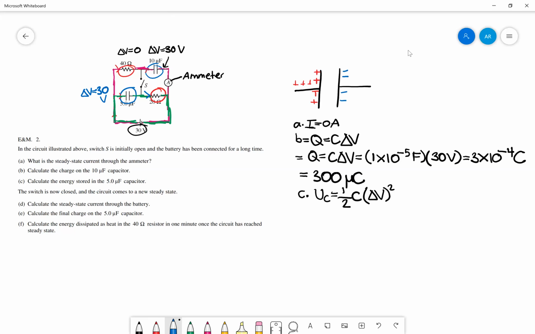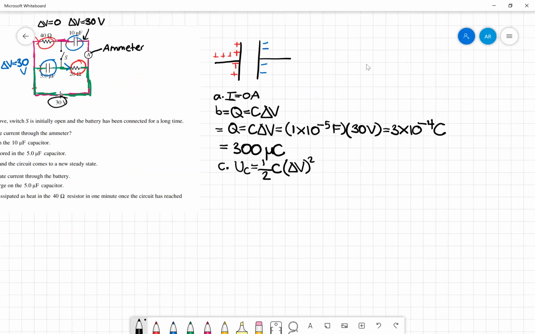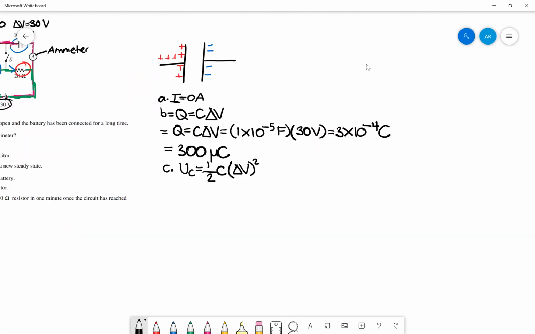Now, what does this mean? That means we have found our voltage and we have found our capacitance, meaning that at this point, we're essentially plugging numbers into a formula. So we have 1/2 C times delta V squared. It's a 5 microfarad capacitor, so we have 5 times 10 to the negative 6 farads.